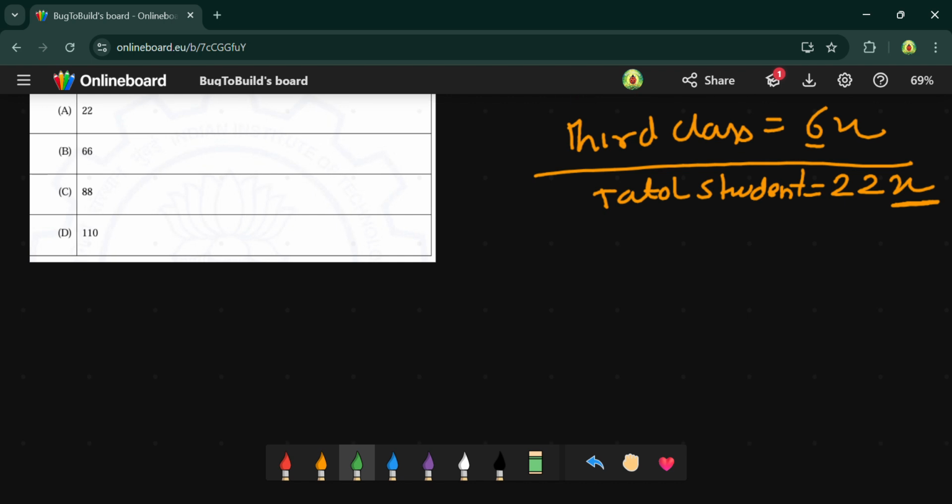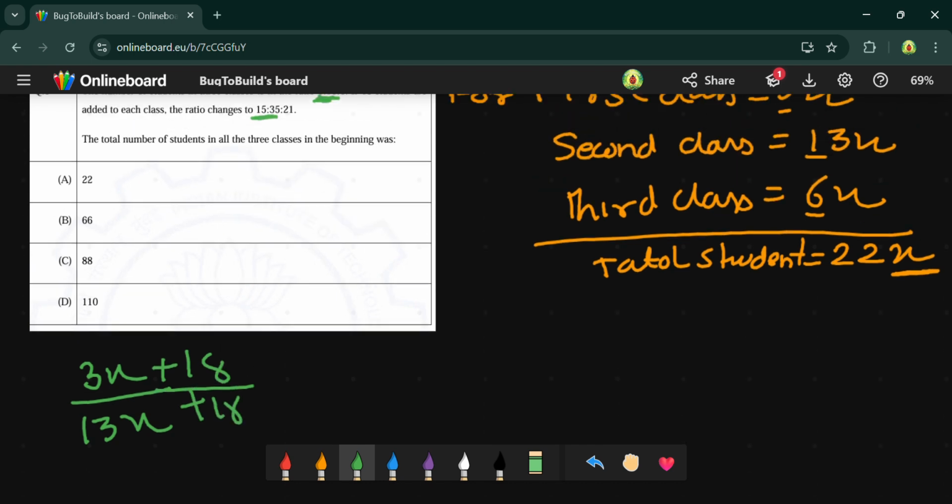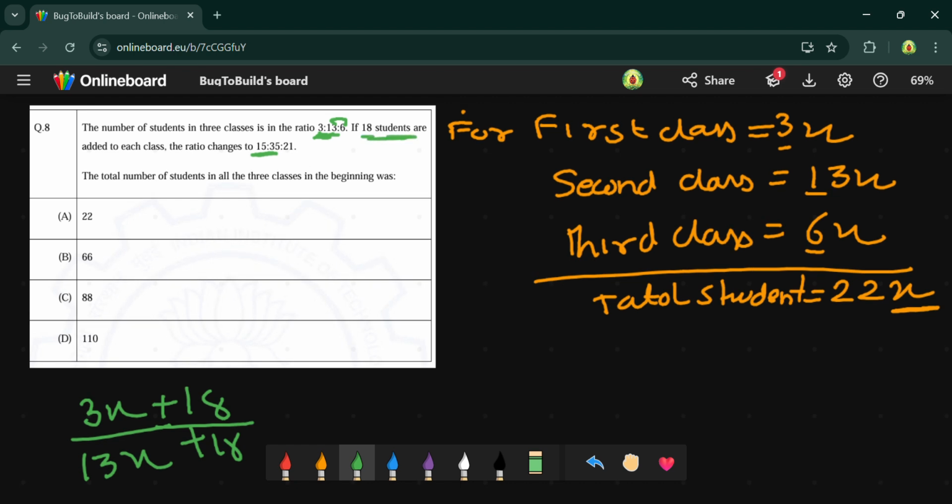So the ratio is 3x by 13x, and after adding 18 students, the ratio will become 15 by 35.